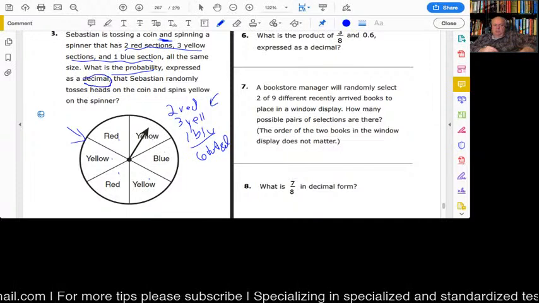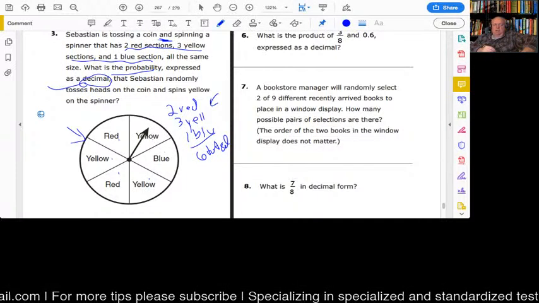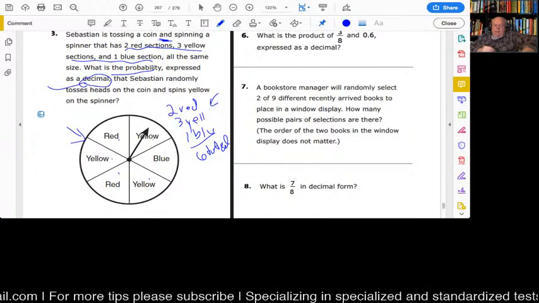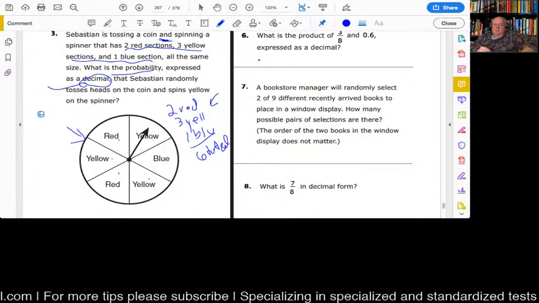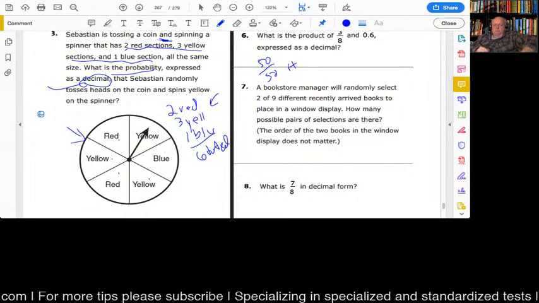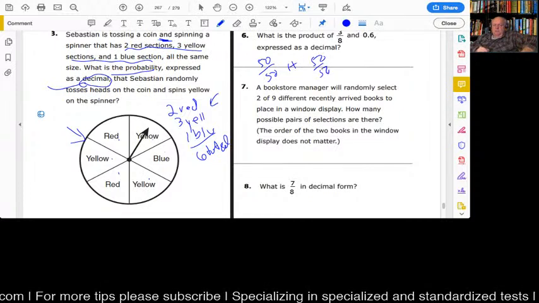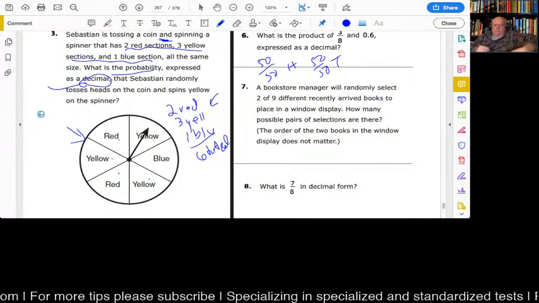All right, so this is a grid-in, so we have no other choice that it's a decimal. That Sebastian randomly tosses heads on the coin and spins yellow. So if he's tossing a coin, he's got a 50-50 chance of tossing heads, and he's got a 50-50 chance of tossing tails. So they're both equal. They're both half, right?